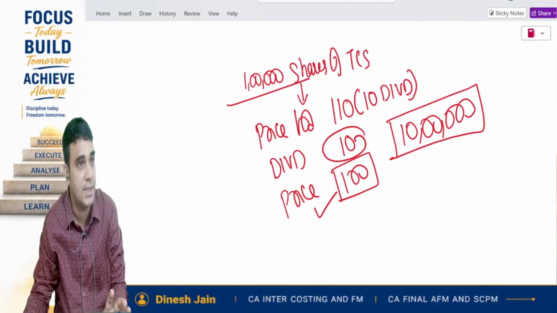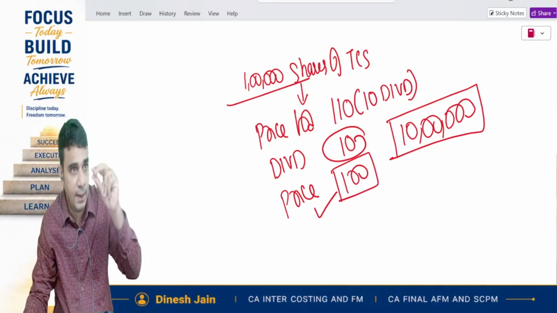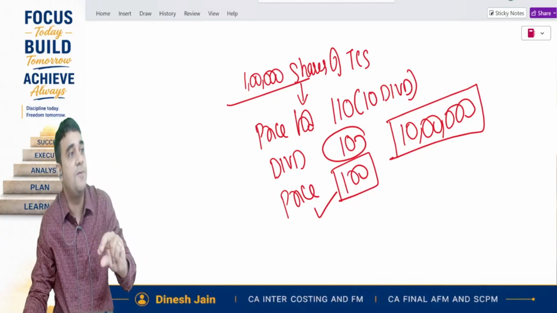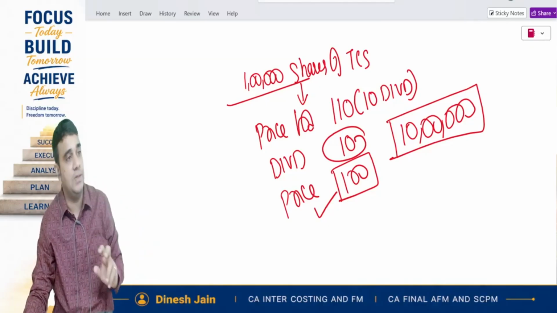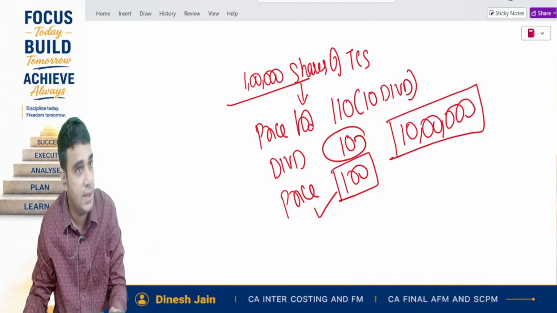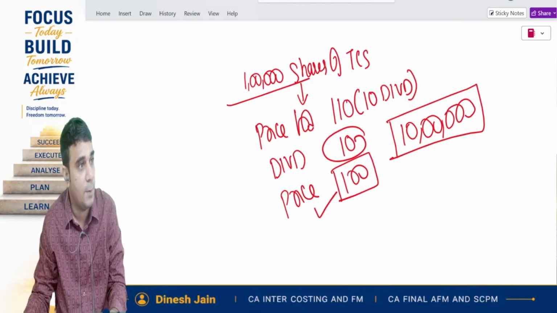I'll be allotted shares at 100 rupees because the dividend was declared, dividend paid, share price fell, and the dividend is reinvested at the reduced share price.